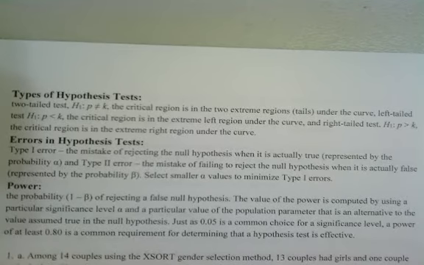Now, if you look in the book, it will say that estimating the power can be quite difficult, and in reality, we're not going to do any problems in which we have to estimate the power. It is used, and you will sometimes see it referred to in hypothesis testing as the effectiveness of your test.